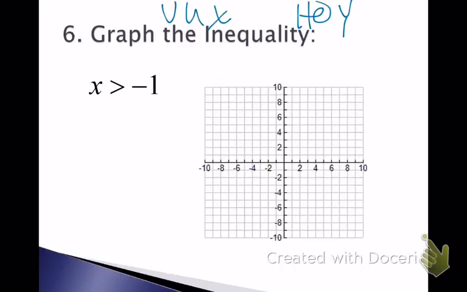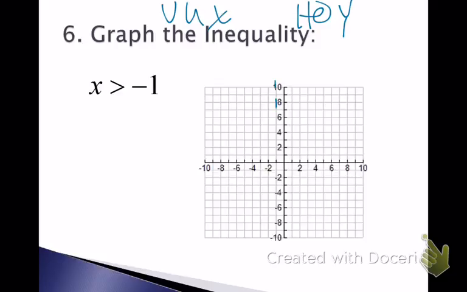For inequalities, another way to look at this is the solutions are going to be all x's that are greater than negative 1. It means we need a boundary that separates x equals negative 1 on the x-axis from everything else. Now it's not equal to, so I need a dotted line.